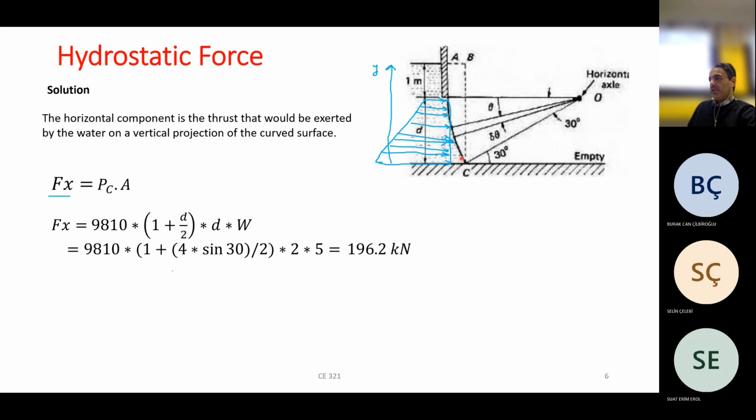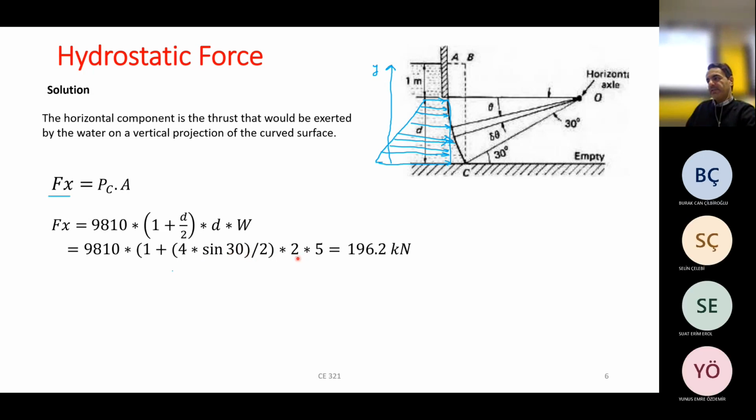Therefore, D equals 4 sine of 30, and sine of 30 degrees gives you 0.5, so D is 2 meters. You can write D here. And W is 5 meters from the given information in the question. So the width of the gate is 5 meters.